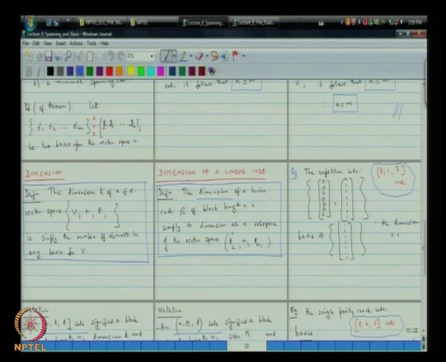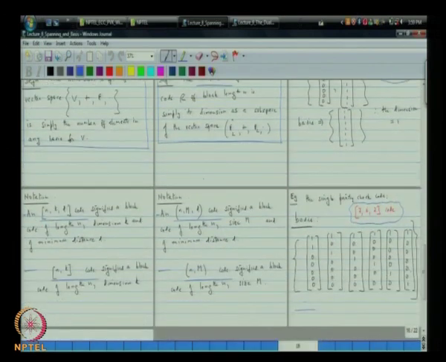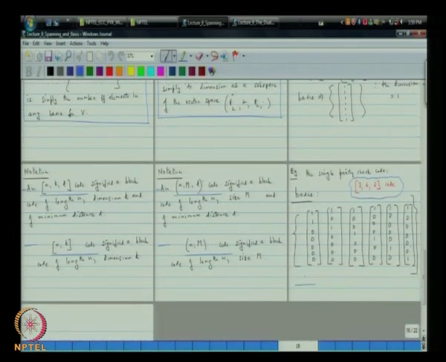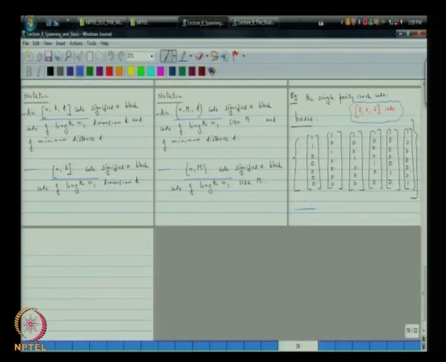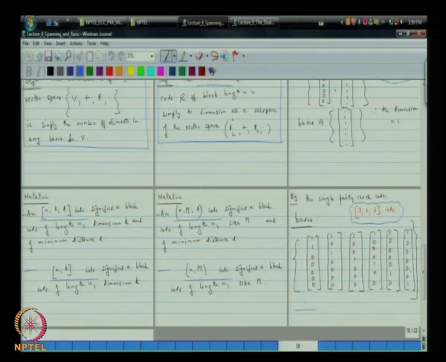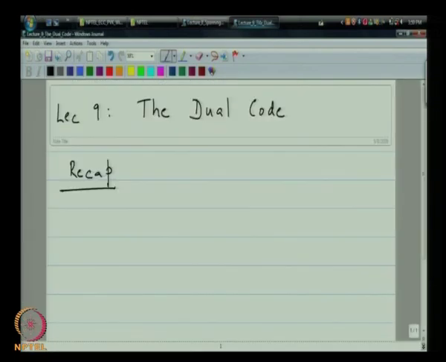We talked about the dimension of a vector space, applied it to a code, defined what is meant by dimension of a linear code, and we defined some notation in connection with it, and took a quick look at an example.